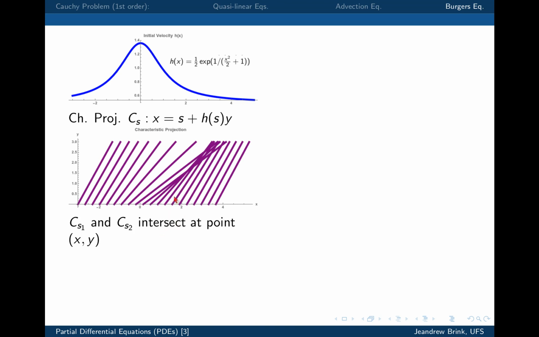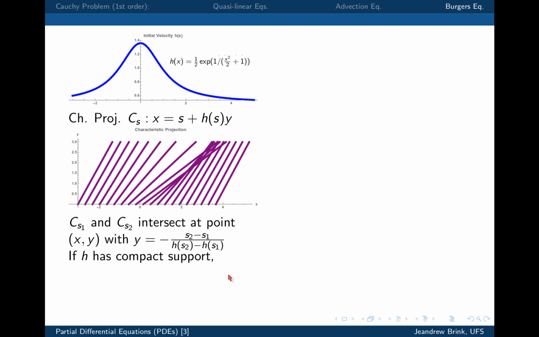Okay, and we can work out what this intersection point is simply by putting various values of s into this characteristic projection equation, and we have something like that. So any two lines that start with s greater than 0 actually intersect at this point. The smallest value for which this occurs is basically what limits when the solution is still single valued.